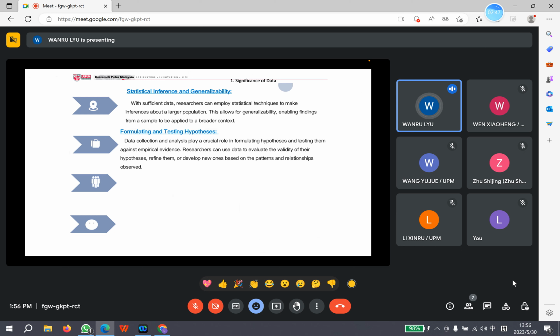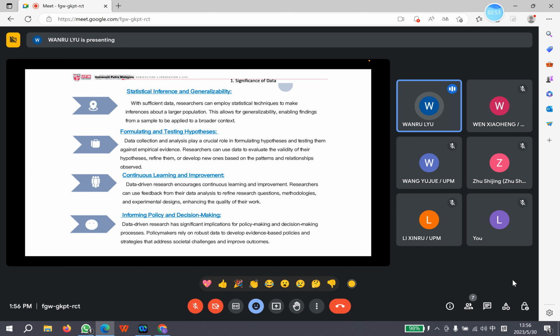And the sixth one is formulating and testing hypothesis. Next, continuous learning and improvement, and the final one is informing policy and decision making. This is more related to our life because policymakers rely on the data to develop evidence-based policy and strategies that can really solve the social challenges and improve the outcomes.